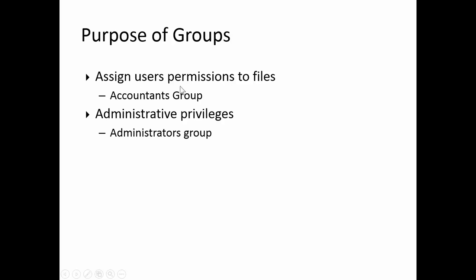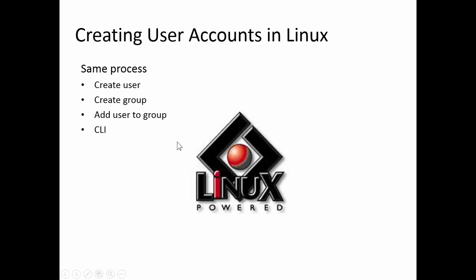One is to assign users permissions to files, such as the accountants group having access to the payroll database, or groups can also be used to assign administrative privileges. If you hire a new network engineer, then you would add the network engineer to the administrators group, and then that person would have full power to create and delete users in the entire domain.